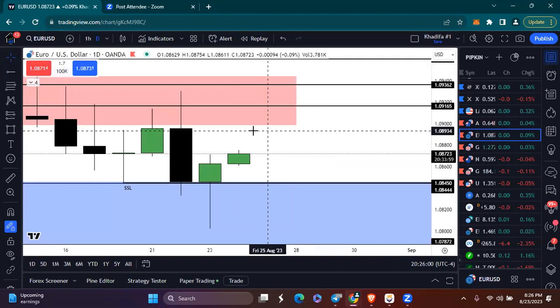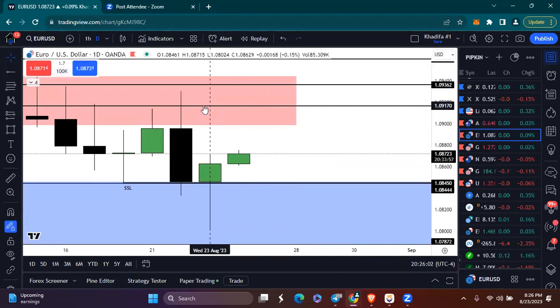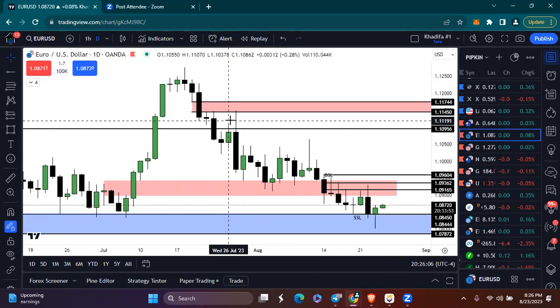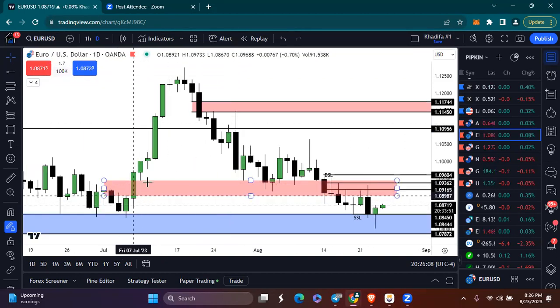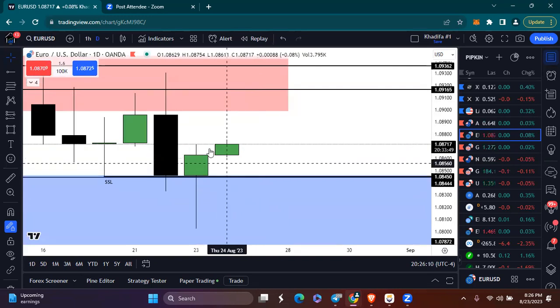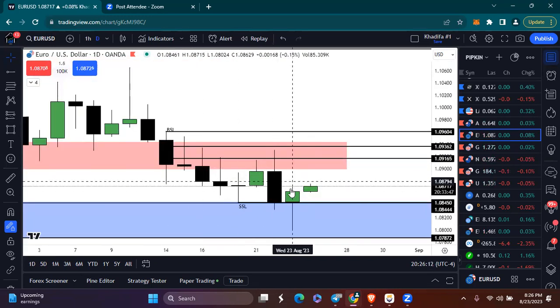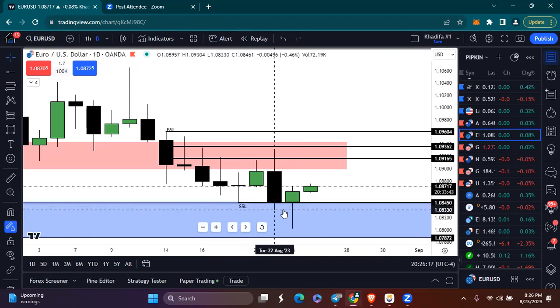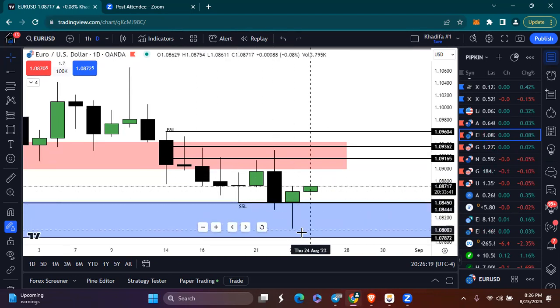We did not close above that PD array level or that daily fair value gap right here, right? Closed below it, and price came on down to run last week's sell side liquidity and came down into that weekly fair value gap.